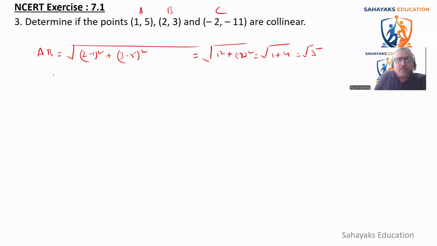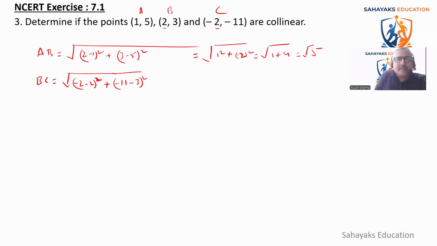Okay. Now we are finding the value of BC. In the same format, we are finding square root of minus 2 minus 2 whole square plus minus 11 minus 3 whole square.